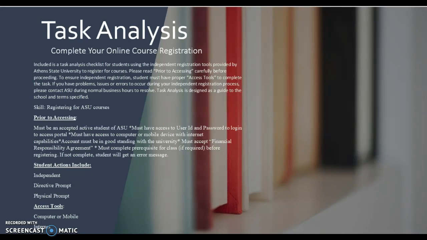And with that is a step-by-step process of how to access the course information, what access tools you need, the student actions that need to be put forth in order to achieve it, what you need to do prior to accessing the information, and you have to complete the task analysis in order to register for the course to be able to take the course.